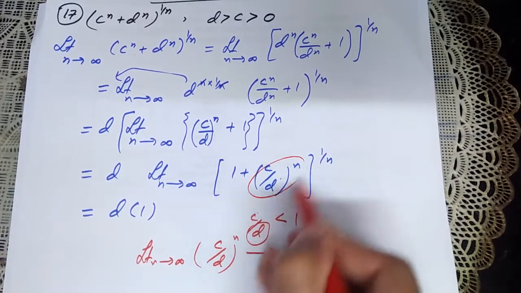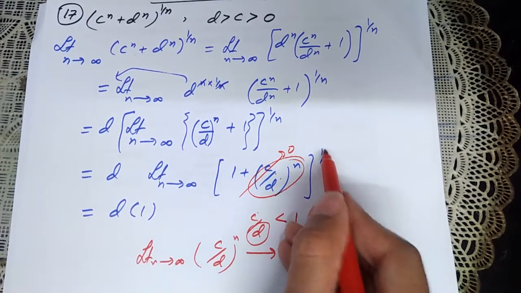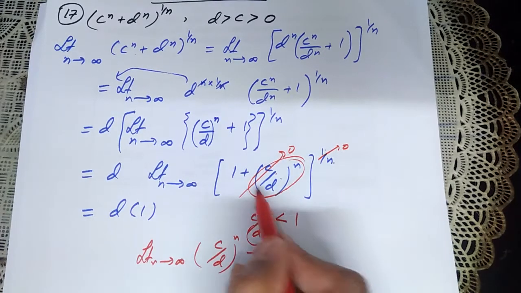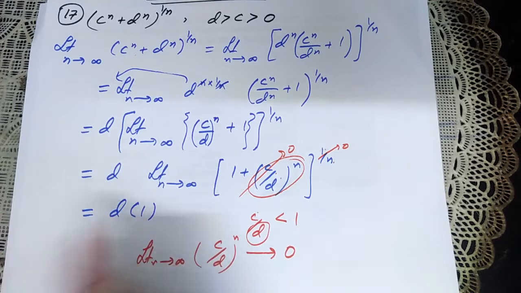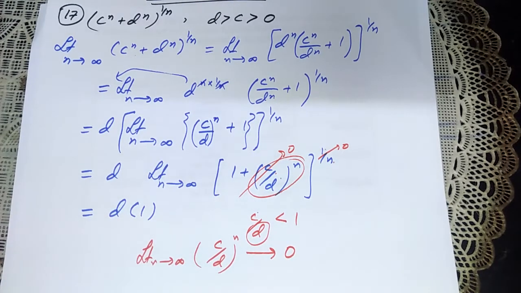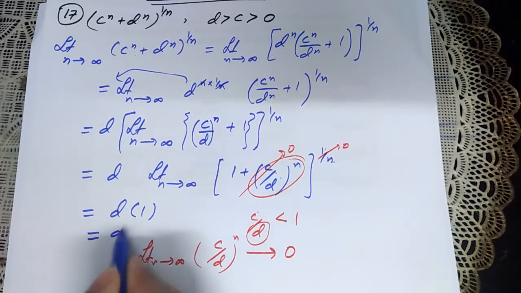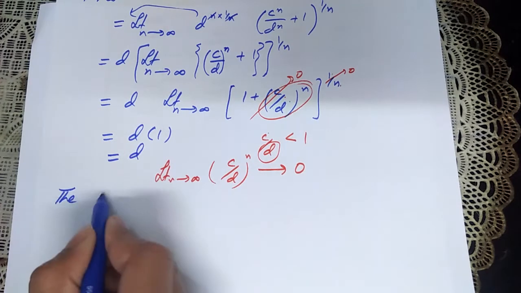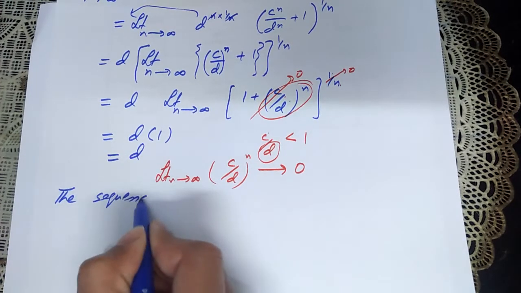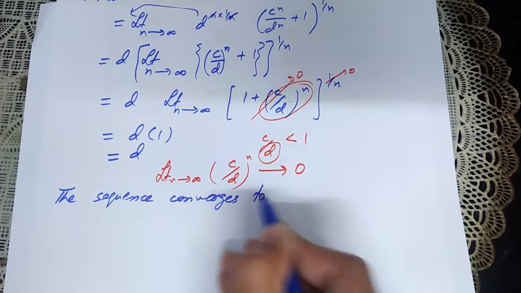So this upper limit is converging to 0. So it will be 1 plus 0, and 1 over infinity is also going to 0. Anything having power 0 will give you the answer 1. So here we got the limit equal to 1, 1 into d, that is d. So the sequence converges to d here.